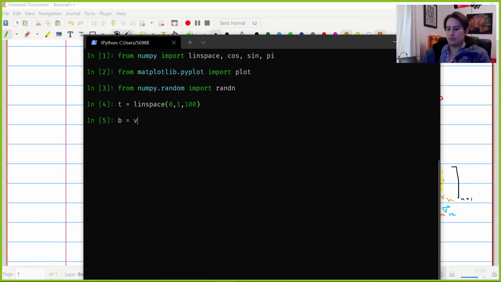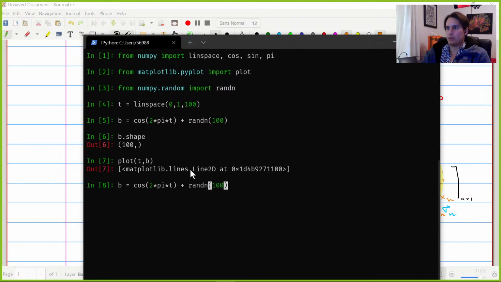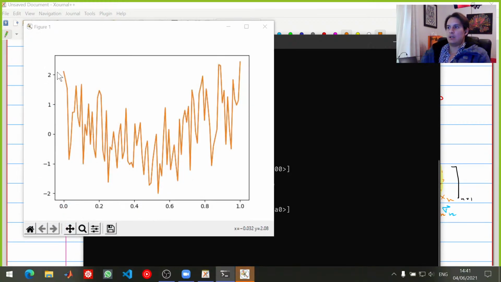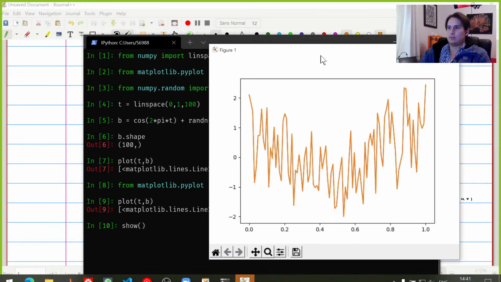Then V equals cosine of 2 pi t plus randn of 100 v dot shape. Okay, and if we do plot, I forgot to import show. There we have our noisy signal.